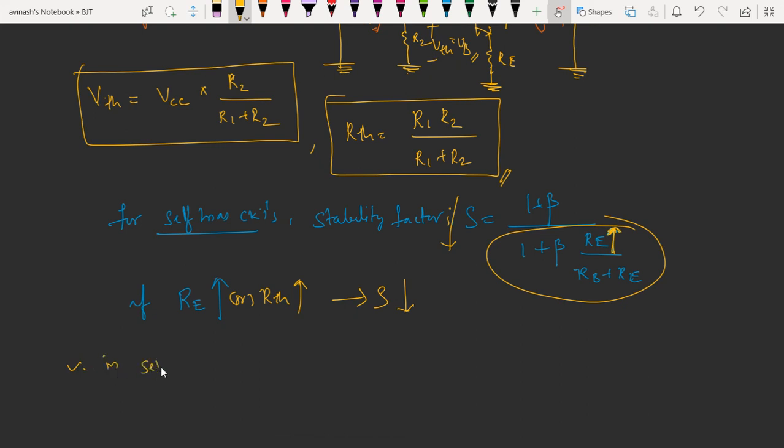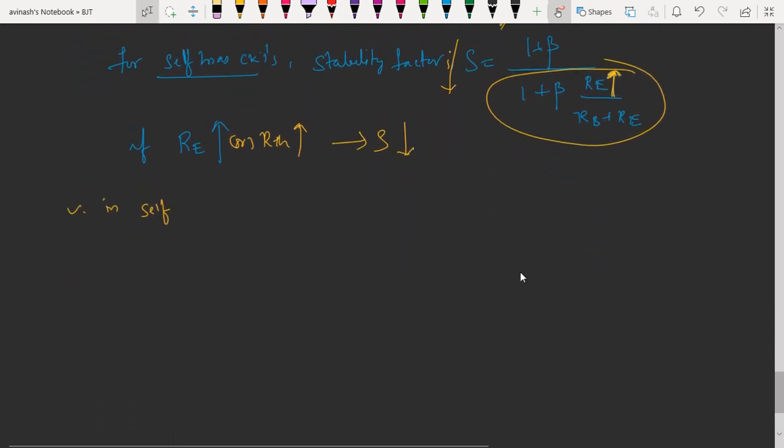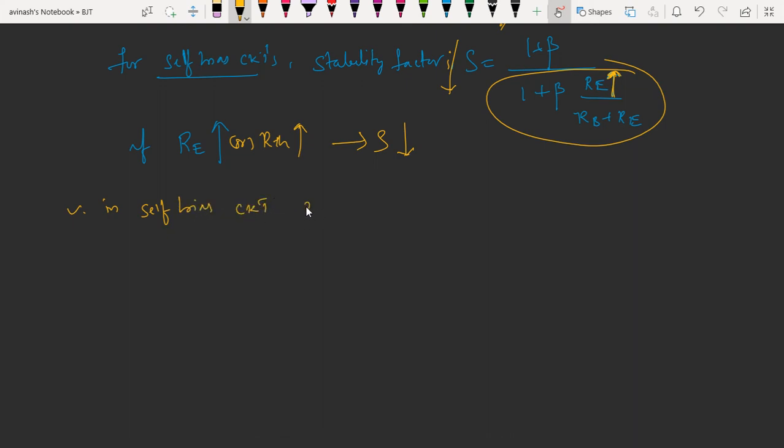In self-bias circuits, stability of the collector current or output current is because of the emitter resistance. Stability can also be understood by another way. IB is equal to what?